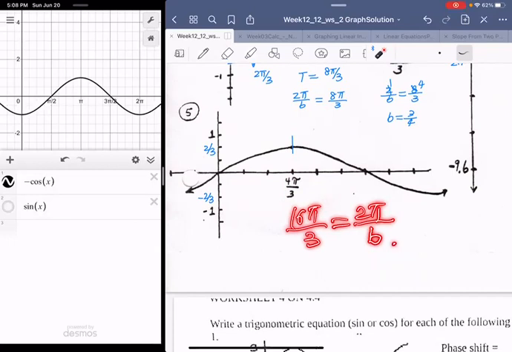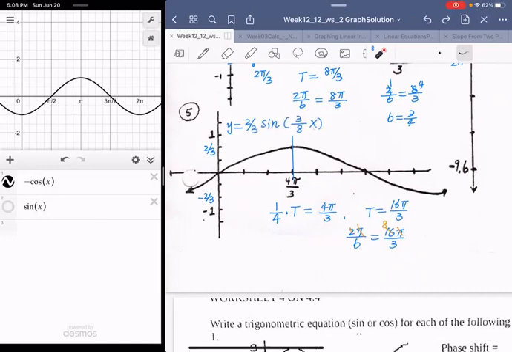So b equals 3 over 8. Oh, sorry, 2 pi over b. So your equation is 2 over 3 sine parentheses 3 over 8 x close parentheses. Wow. This is perfect. Okay, very good.